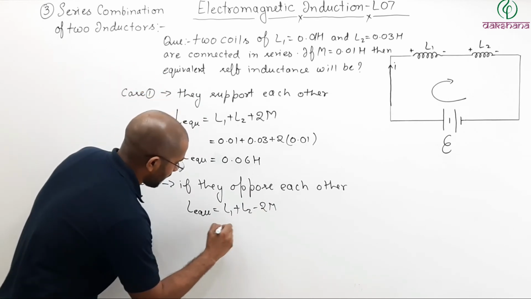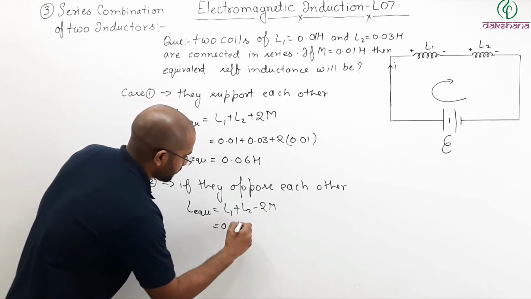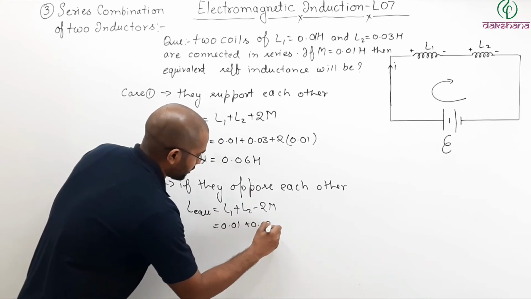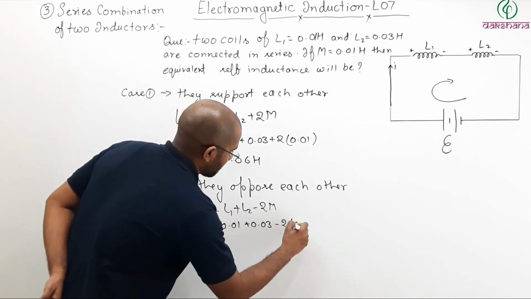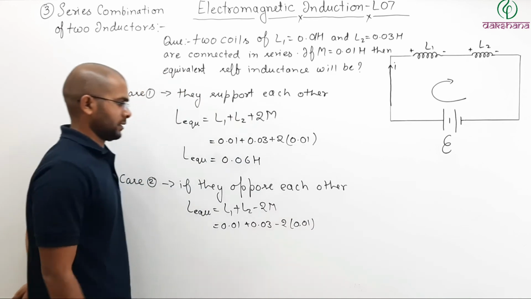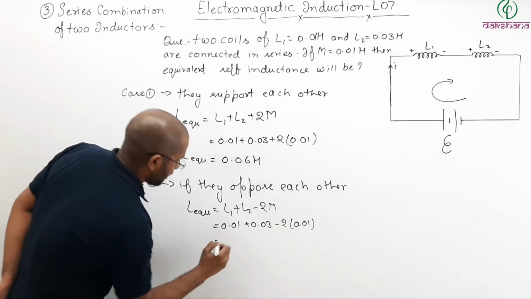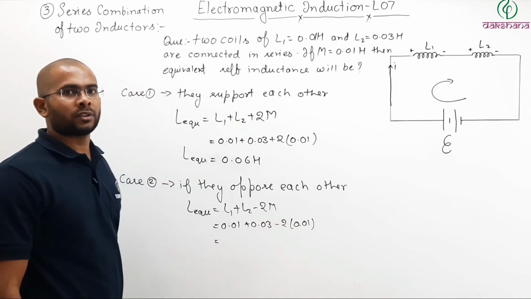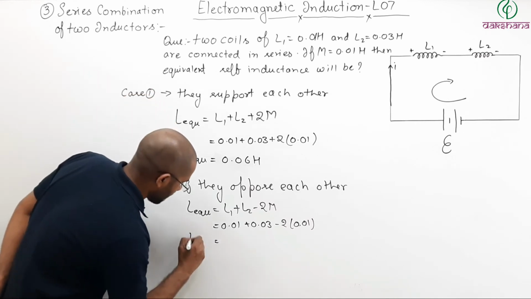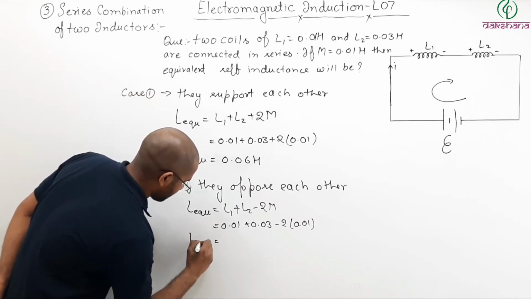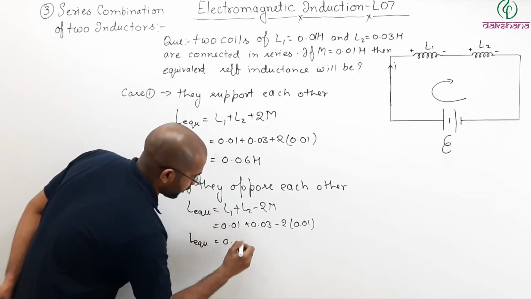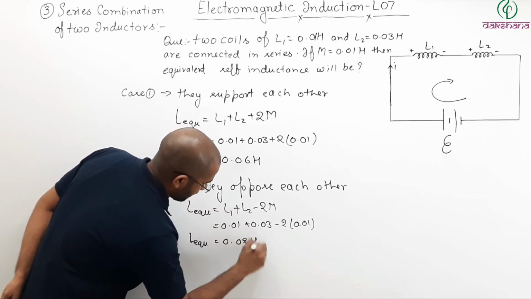Now, L1 is 0.01 Henry plus L2 is 0.03 Henry minus 2 times 0.01 Henry. So that will be how much? 0.04 minus 0.02. So L equivalent equals 0.02 Henry.